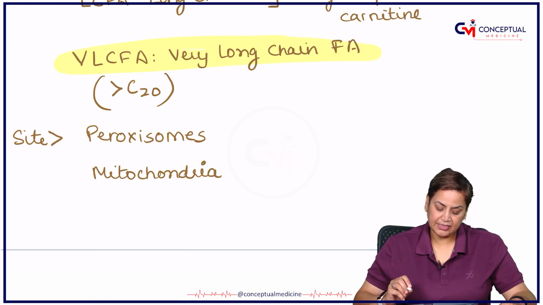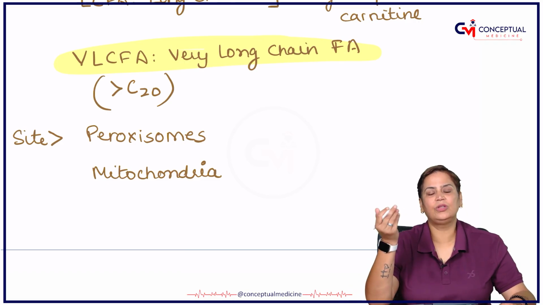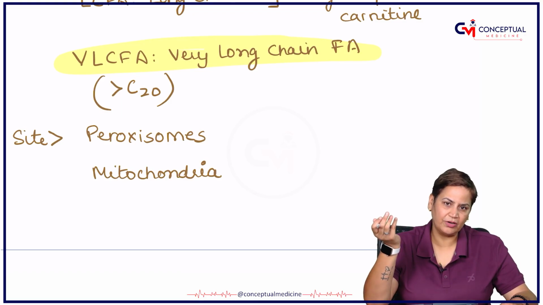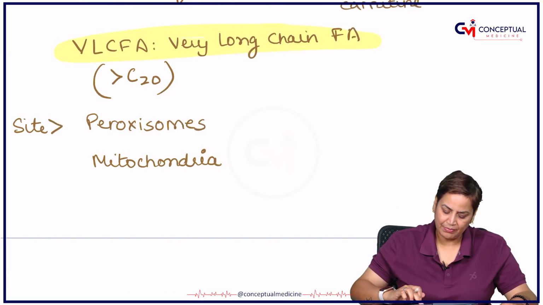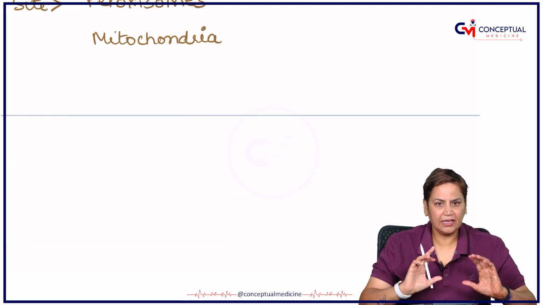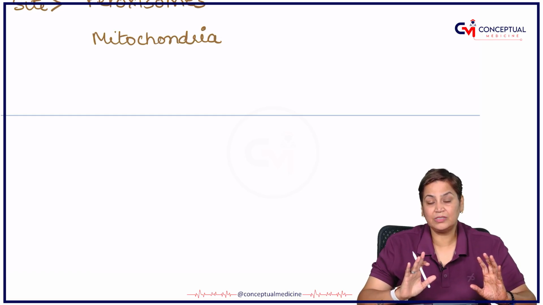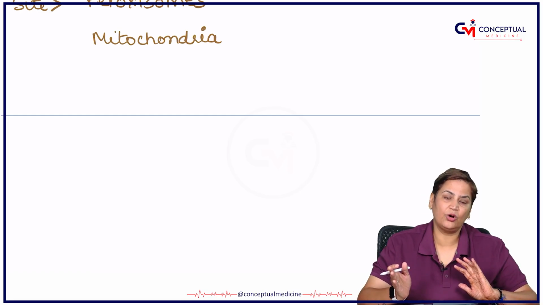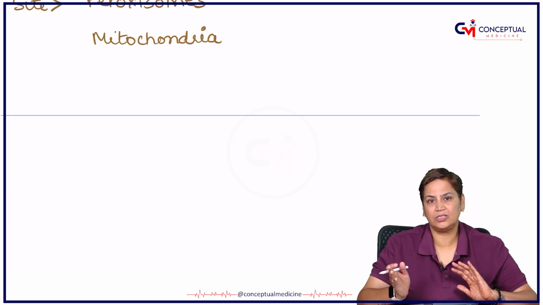Now, the question is how they are transported to the peroxisomes and then how they will come into the mitochondria. Okay. So, what happens here is that to the peroxisomes, there are different types of transporters which will help in the transportation of these into the peroxisomes.